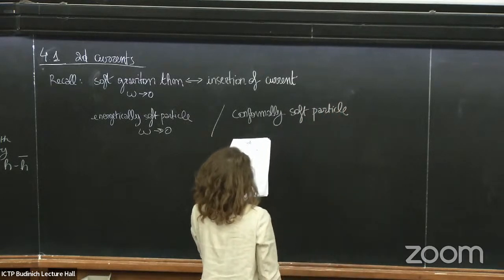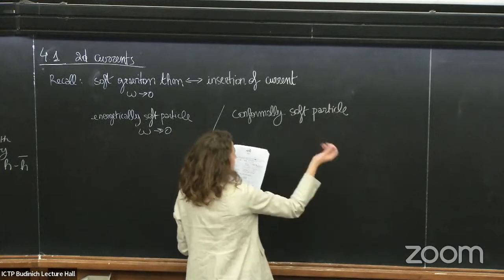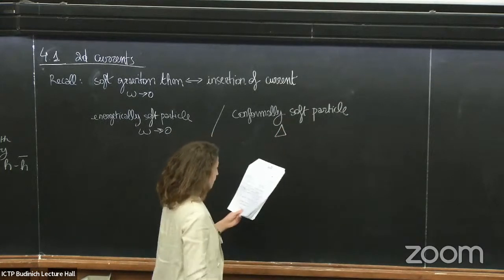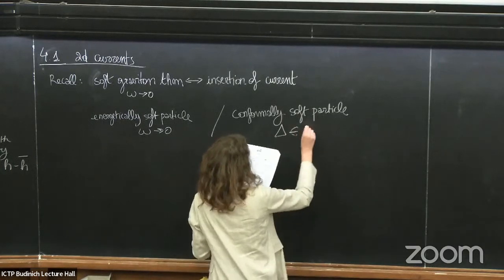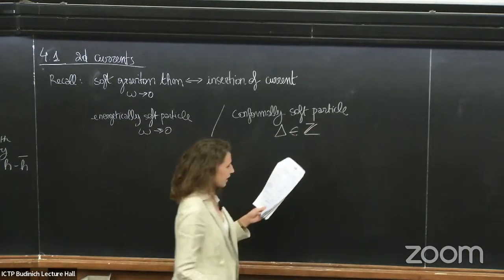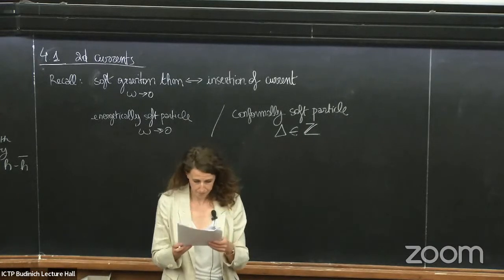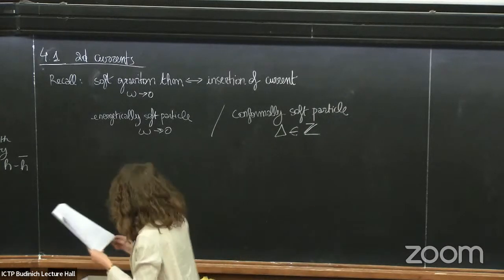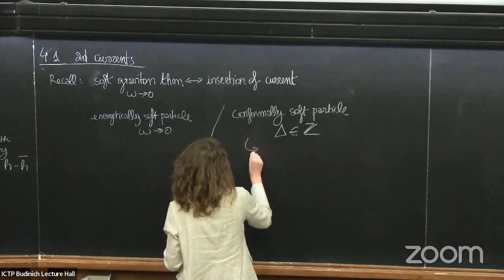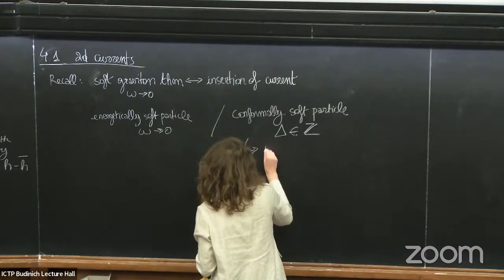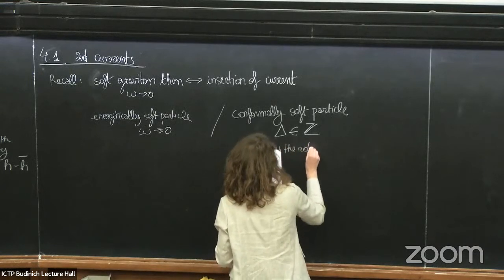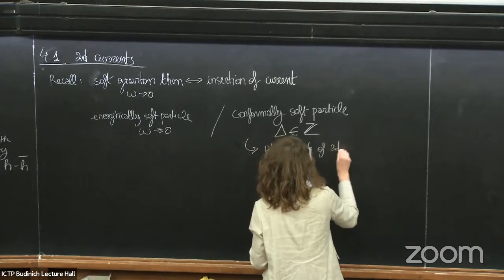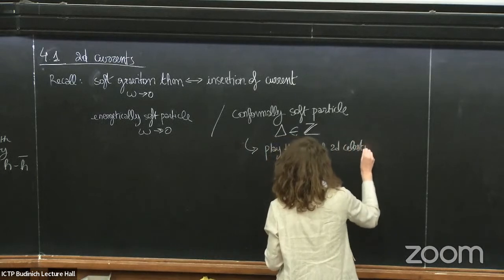And a conformally soft particle or soft operator will be a celestial object for which the conformal dimension takes specific integer values. So these objects will play the role of these two-dimensional celestial currents.